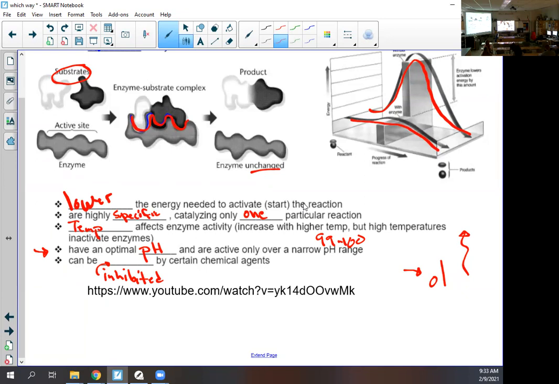Because all those reactions could happen, but they'd happen slower and require a ton more energy. And so if we didn't have enzymes, we would require more energy to process our food than we got back. And that's a great way to lose weight, but eventually you would die. It would kill you. You wouldn't have enough energy to even process your food.